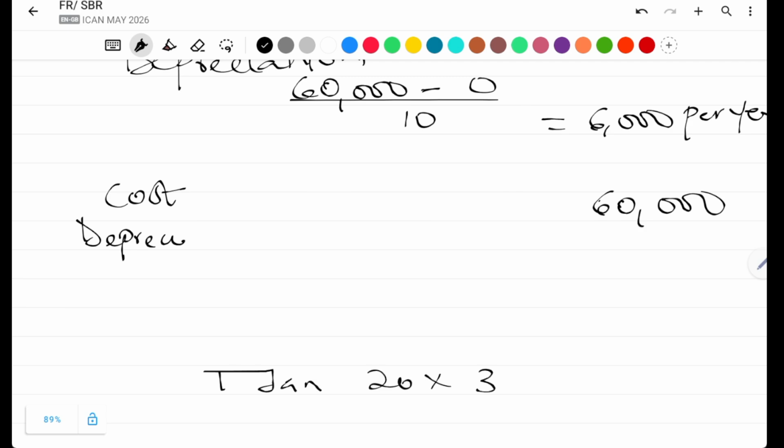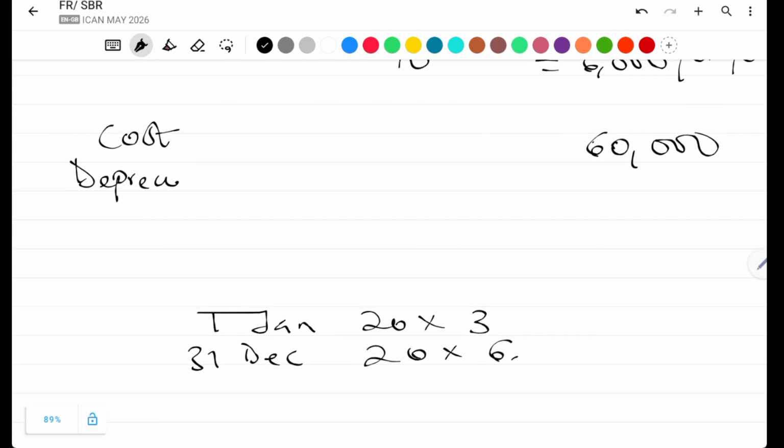Okay, and then the revision happened 31st December 26. So how many years have we done? From 23 to 24 is 1 year. 24 to 25 is 2 years. 25 to 26 is 3 years. Okay, so we've done 3 years.